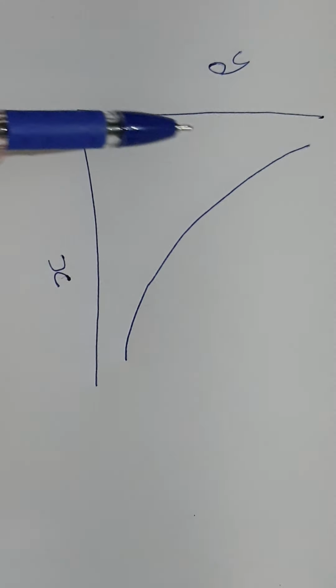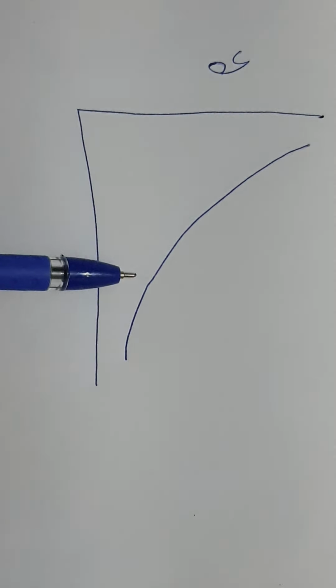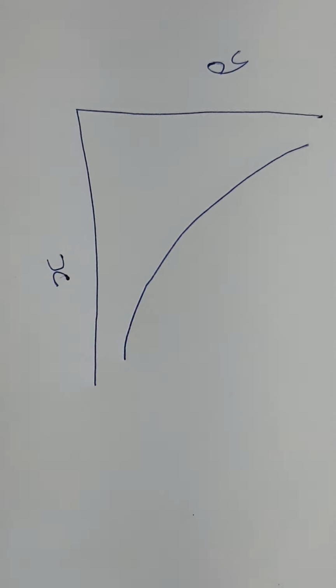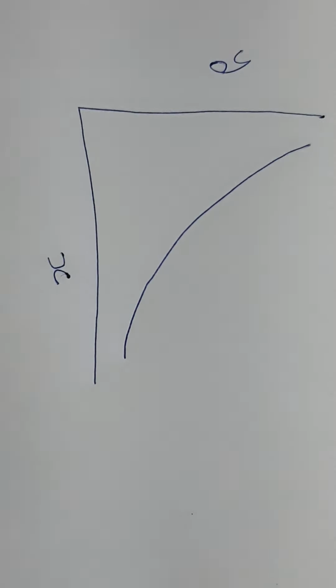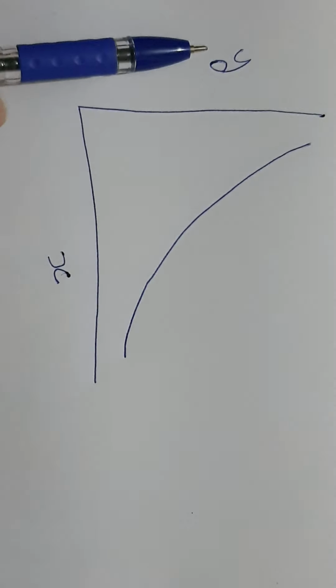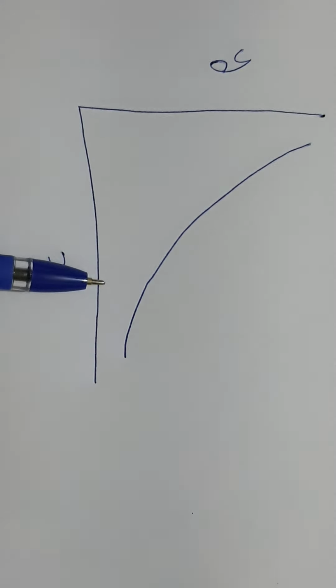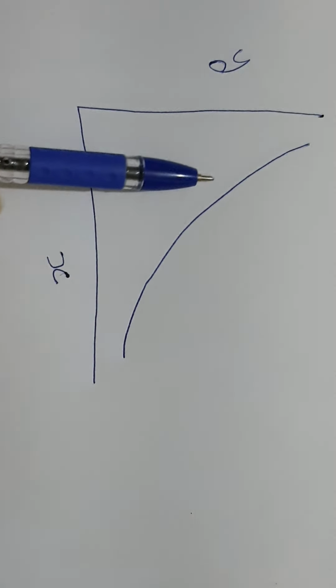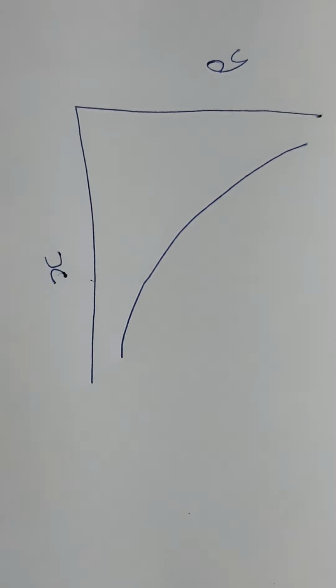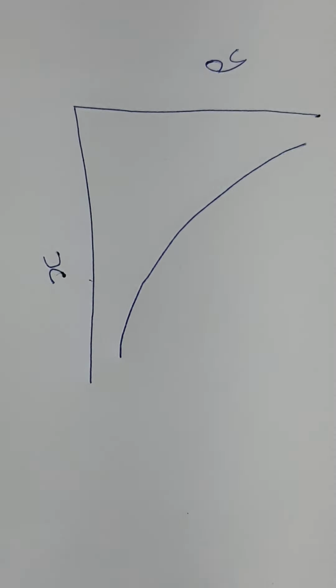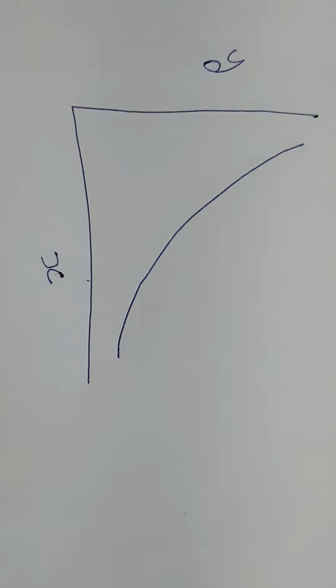When you are moving from this point to this point, you are increasing consumption of X and decreasing consumption of Y. You can also say that you are substituting Y with X, and you do it in such a way that your total satisfaction remains the same.